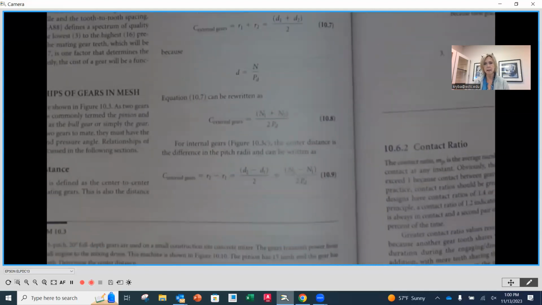Now, knowing that relationship where a pitch diameter is equal to the number of teeth divided by the diametral pitch, we can rewrite it so we would have this form. So for instance, a lot of times we know the number of teeth and the diametral pitch of a gear, just knowing it without necessarily calculating that pitch diameter. So we can plug these in. We can take the number of teeth on each one of those, add them together, divide by 2, but also divide by the diametral pitch.